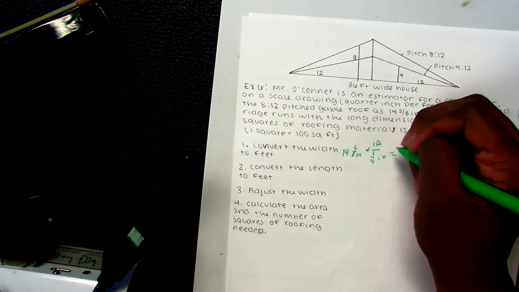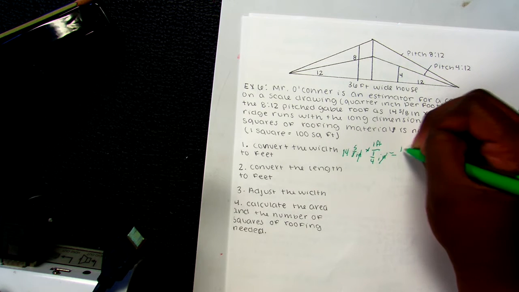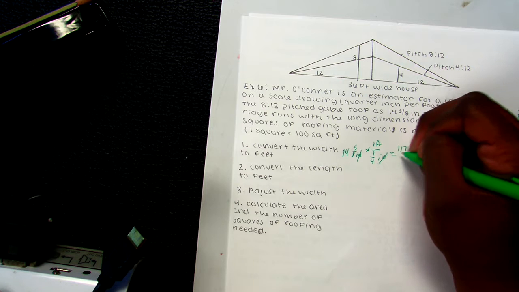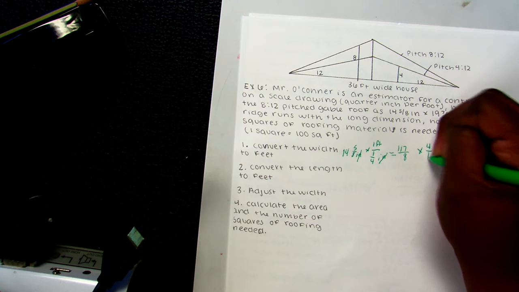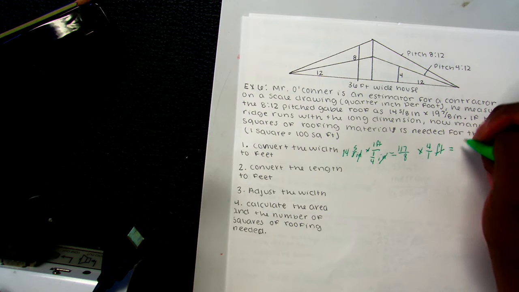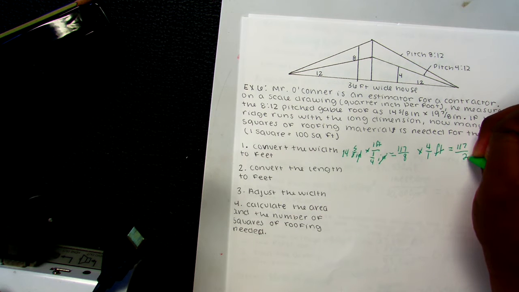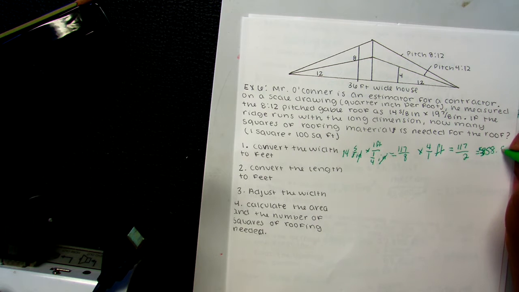From that, we would cancel out the inches, and we would get 117 over 8 times 4 over 1 foot, which we would then multiply and get 117 over 2 equals 58.5 feet.